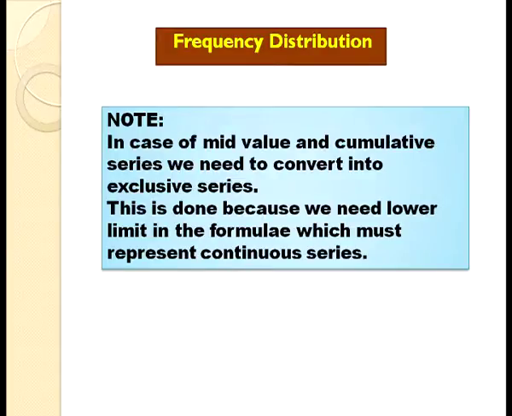And why is it done? Because we need the lower limit in the formula, which must represent a continuous series. I hope students you have learned how to compute median in case of individual series, discrete series, continuous series as well as other types of series in the frequency distribution.